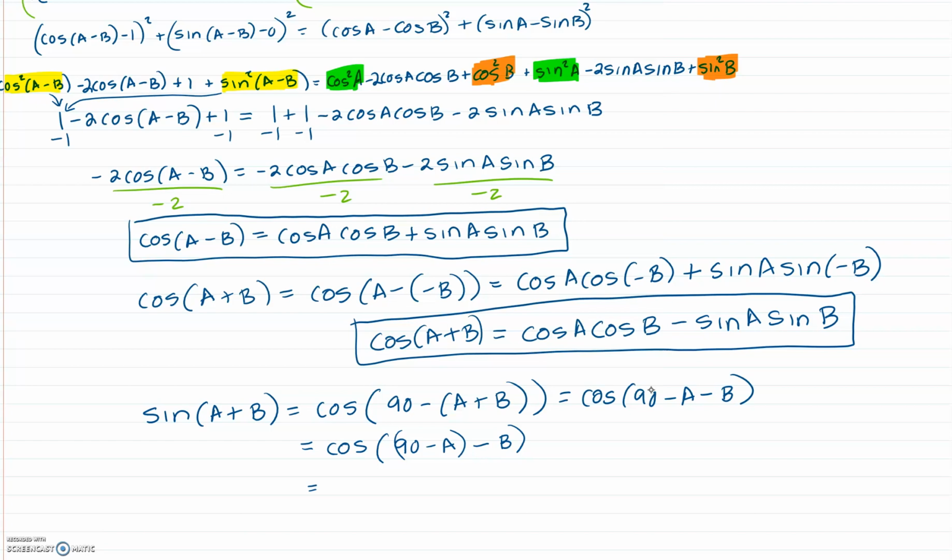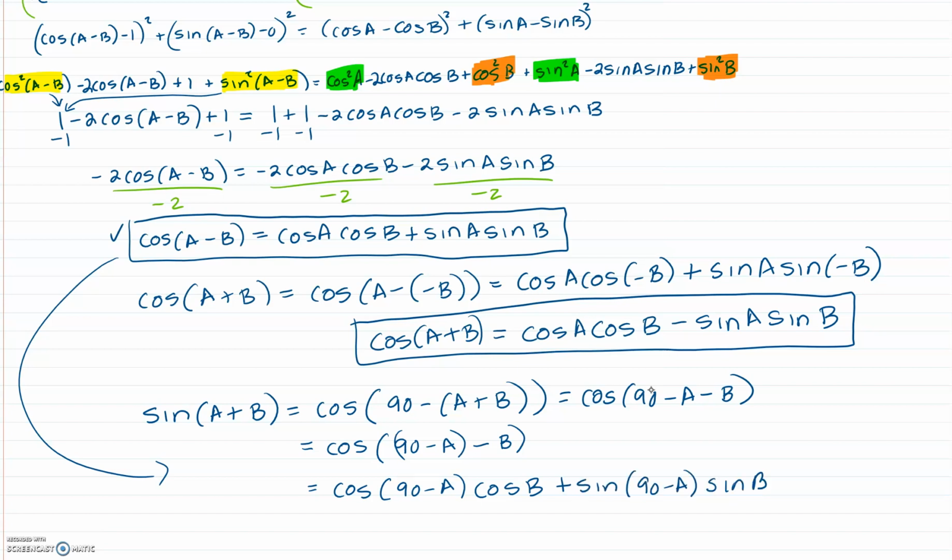So now I'm going to use cosine of the difference of two angles. I'm going to use this formula up here. And what I'm going to get is cosine of that first angle, 90 minus A, times cosine of the second angle. And then we have a plus. We get sine of that first angle times sine of the second.